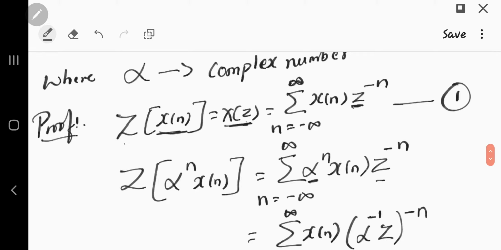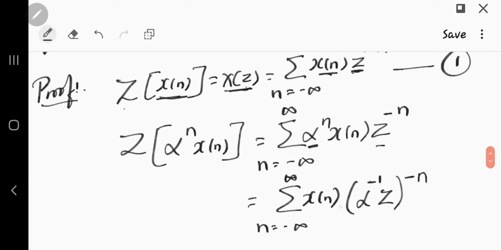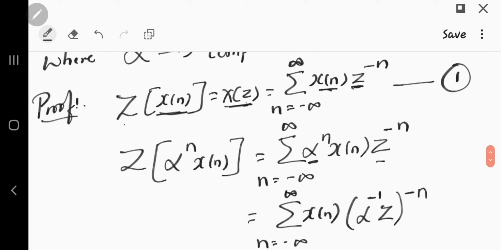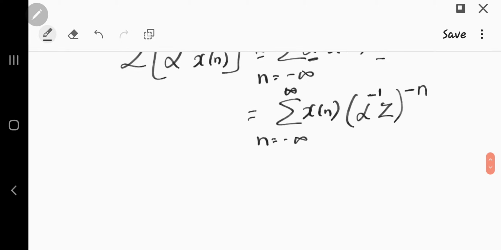Now if you observe the first expression and this expression, we have the same limit, minus infinity to plus infinity, same input, but in place of z we have alpha inverse z. So that means this can be considered as X of alpha inverse z, or in other words it is nothing but X of z by alpha.